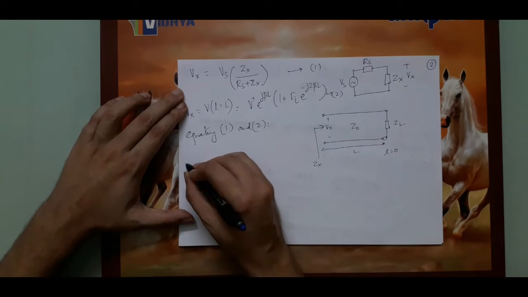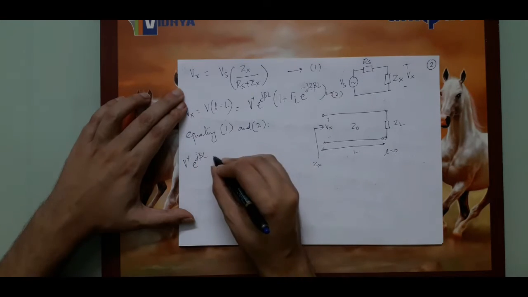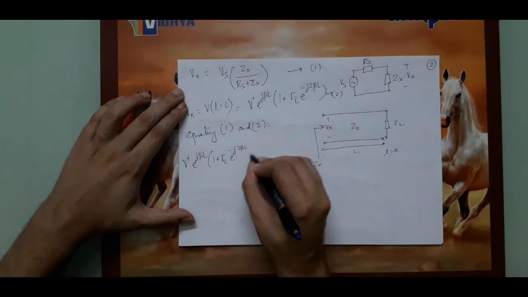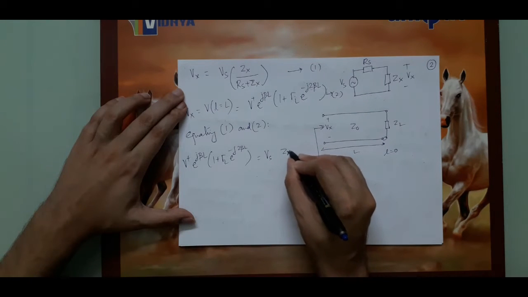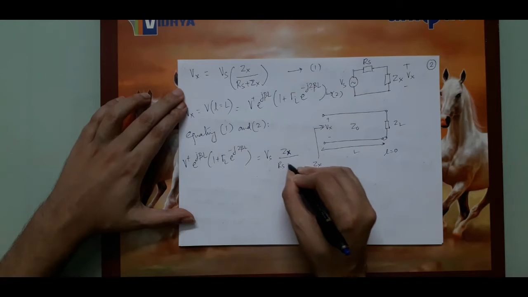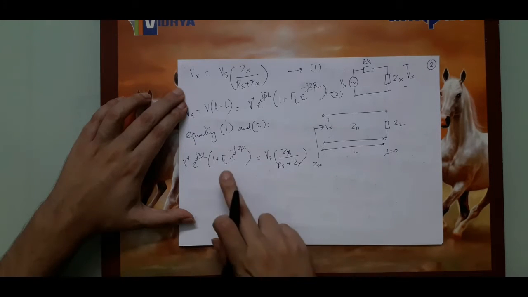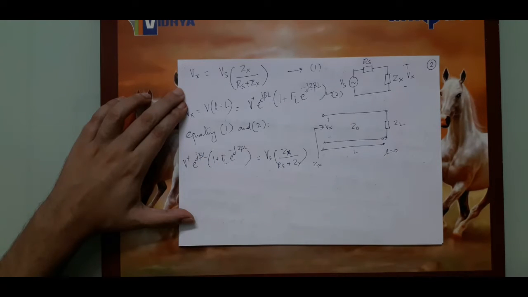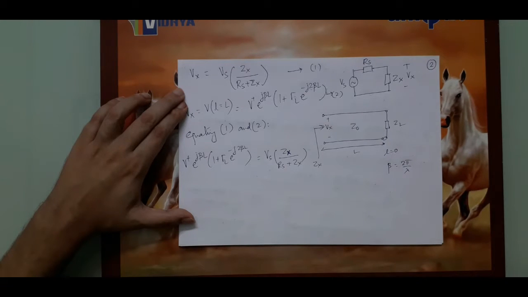I get V plus e raised to j beta L times 1 plus gamma L e raised to minus j 2 beta L is equal to Vs Zx divided by Rs plus Zx. So from this, if I know the source voltage, if I know the reflection coefficient at the load, and I know the physical length and the beta of the line, beta is nothing but 2 pi by lambda, and this can be easily found out.